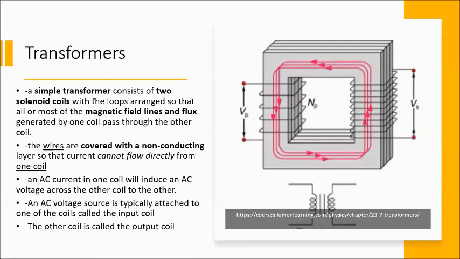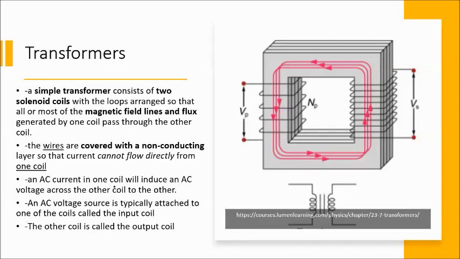So a transformer consists of two solenoid coils with the loops arranged so that all or most of the magnetic field lines and flux generated by one coil pass through the other coil. The wires are covered with a non-conducting layer so that current cannot flow directly from one coil to the other.